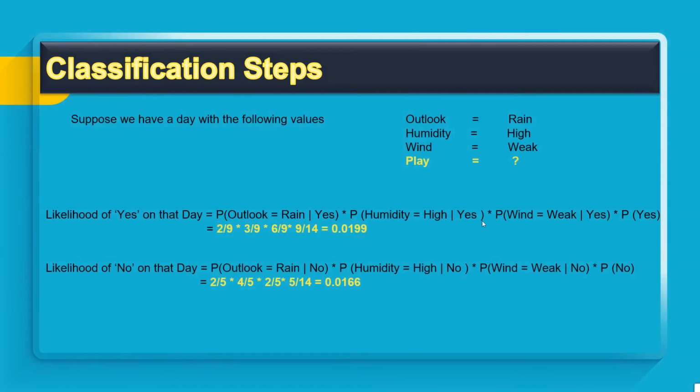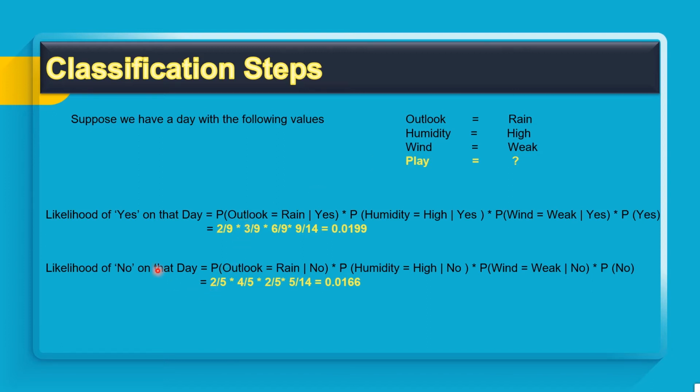Now suppose we have a day which has rain, which has high humidity and the wind is weak. So should we play or not? That's our question. We use the Bayes theorem here again.